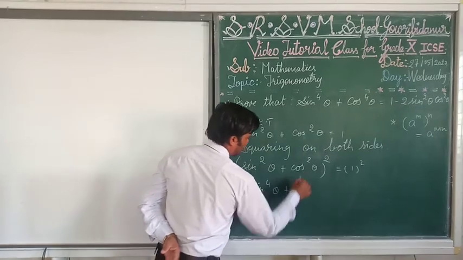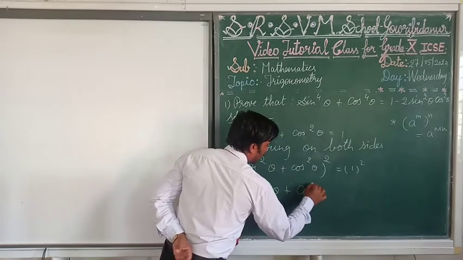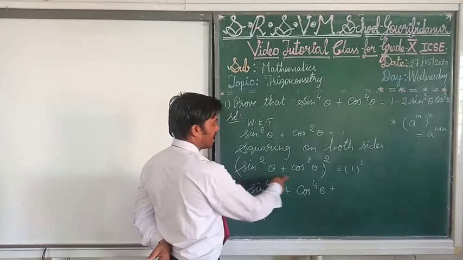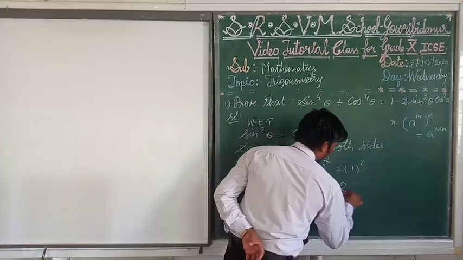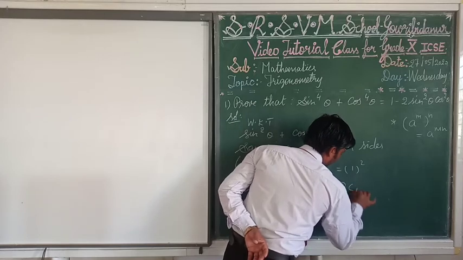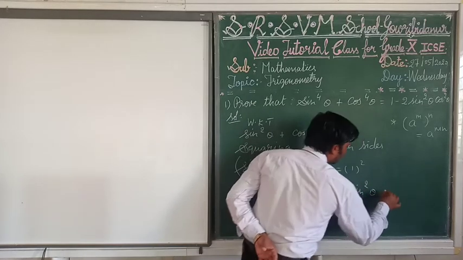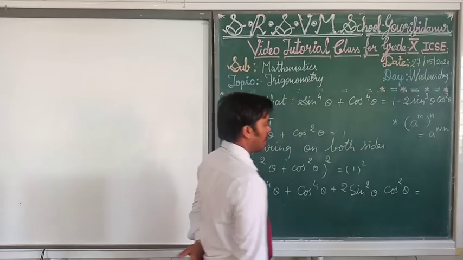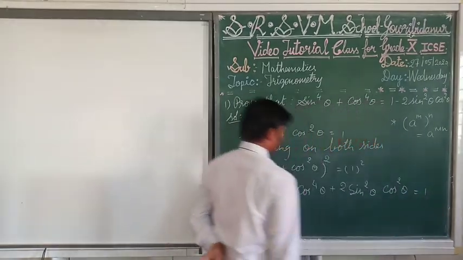So a square plus b square, here cos power 4 theta, plus 2ab, 2 into sin square theta into cos square theta. In the right hand side you see 1 square answer is 1 only.